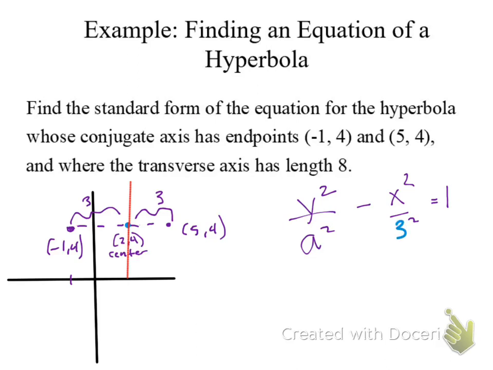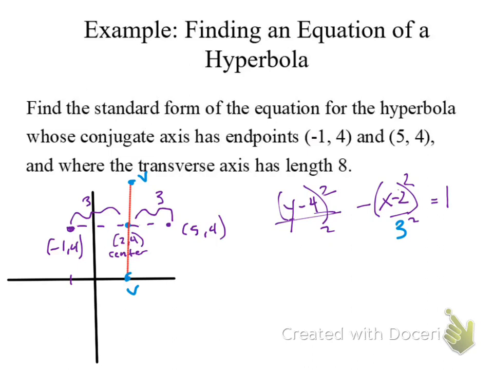Okay, so now I messed up with the x squared and y squared because we're not centered at 0, 0. So that should be y minus 4, and then I should have x minus 2. I'm making a lot of mistakes, guys. Bear with me. So a's value, these are my vertices, and their measurement length away is 4.